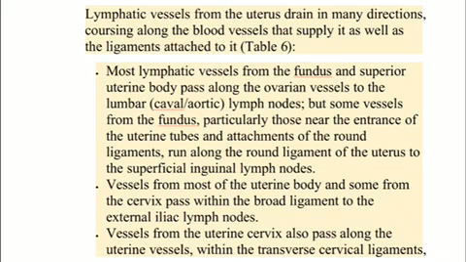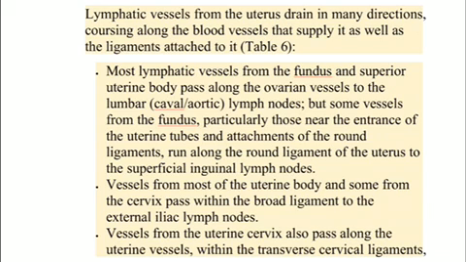You have some lymphatic vessels from the fundus, particularly the ones near the entrance of the uterine tubes and attachments of the round ligaments. These lymphatic vessels run along the round ligament of the uterus to the superficial inguinal lymph nodes. Lymphatic vessels from most of the uterine body and some from the cervix go within the broad ligaments to the external iliac lymph nodes.